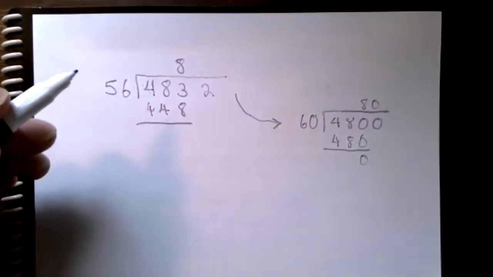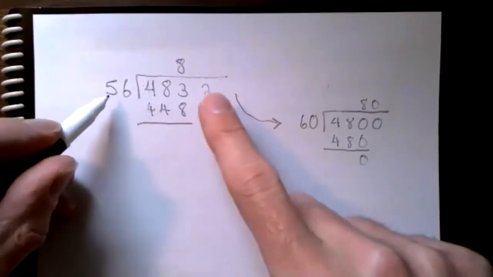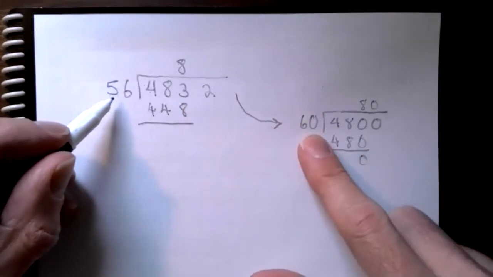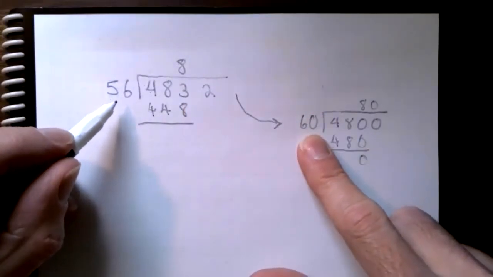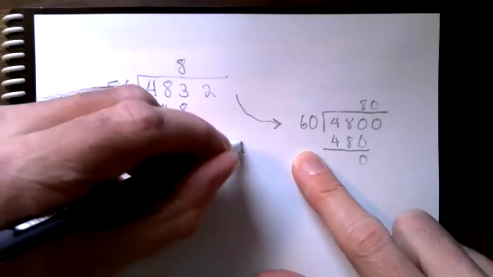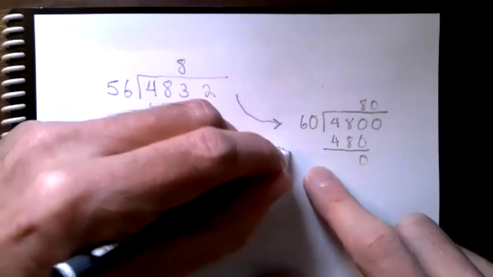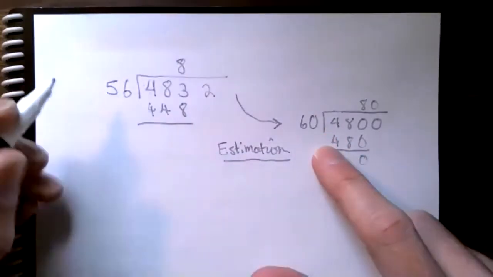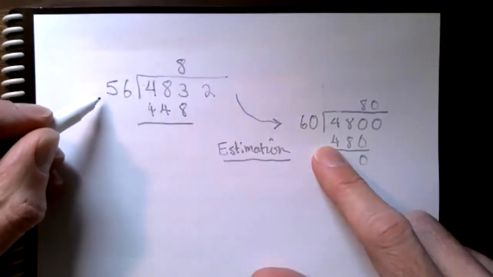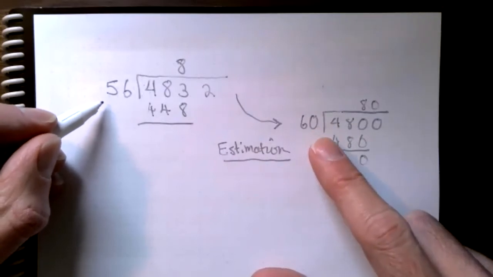Okay, but the idea here that I want to emphasize is if you weren't able to get started with this, it's because you've forgotten about transitioning to a problem like this. This is a process called estimation. It's absolutely critical for dealing with the division algorithm when you have 2-digit divisors.